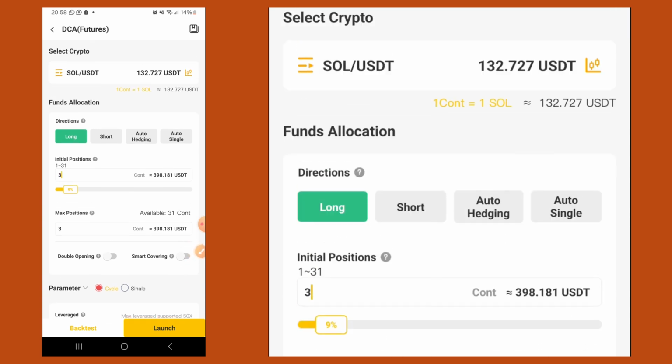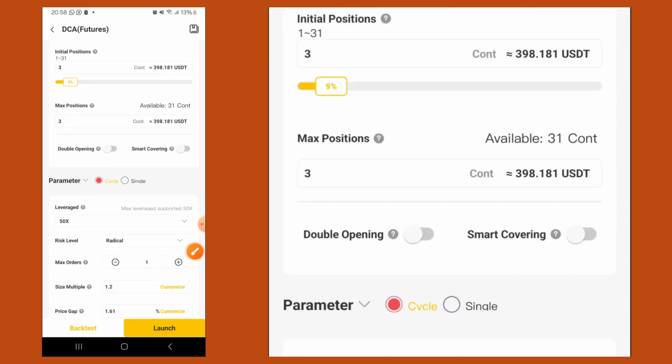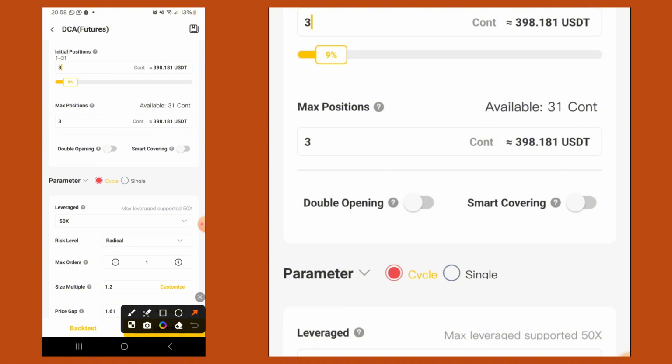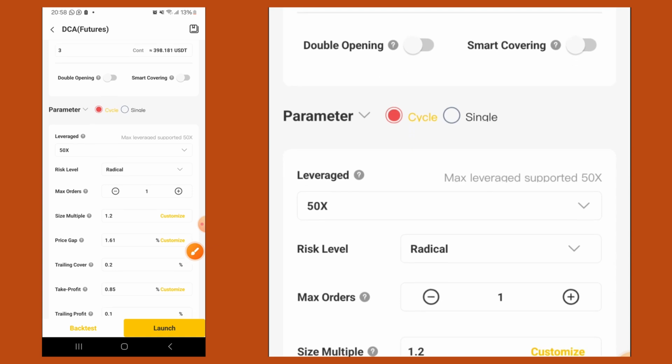So before we launch, let us note this and master this. 1, you must select the coin that we did already. 2, come to the leverage and select the highest leverage, of course. And then secondly, reduce the max orders to 1.